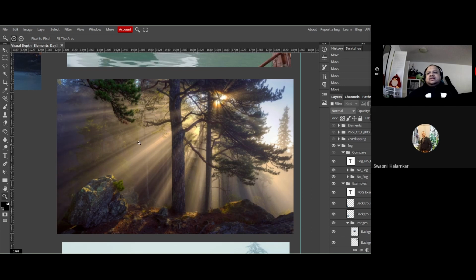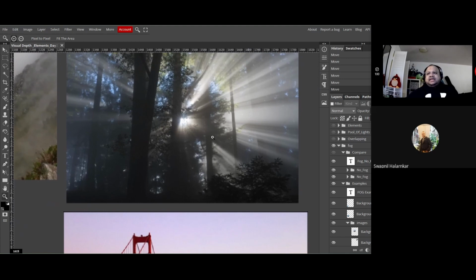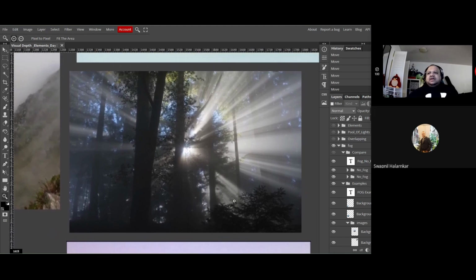The light is actually reflecting on the water particles which are there in the fog. And this is the same thing which is happening here. As we move toward the camera, there is less fog. There is fog here, but we cannot see it.